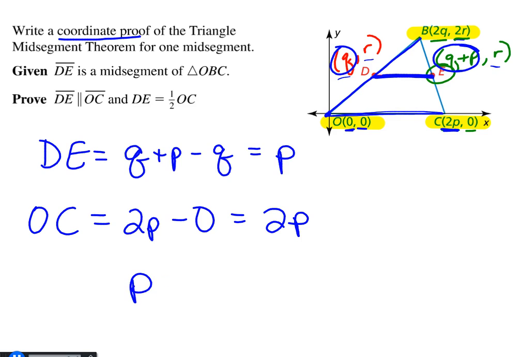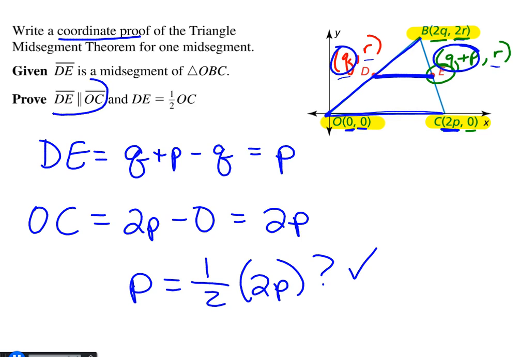So the question is, is P equal to half of 2P? And it is. So we've proven both that the lines are parallel and that DE is half of OC.